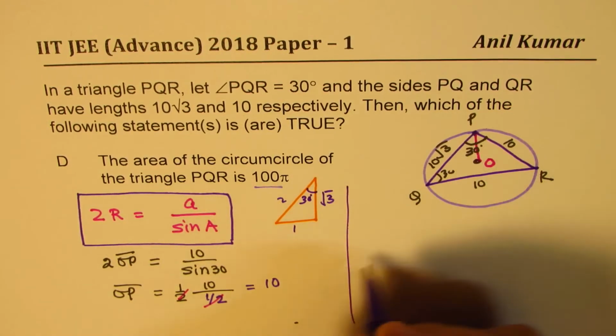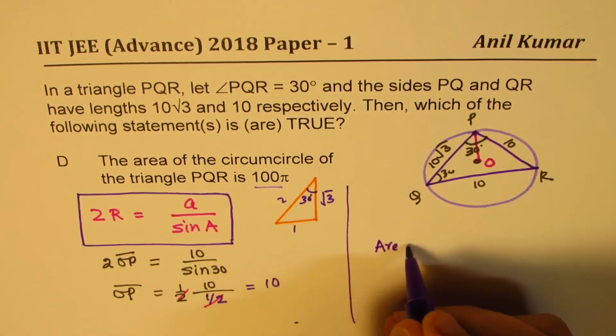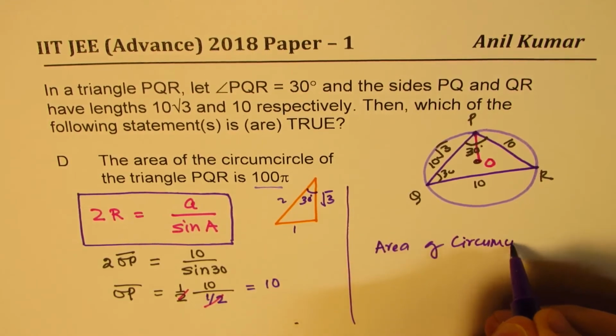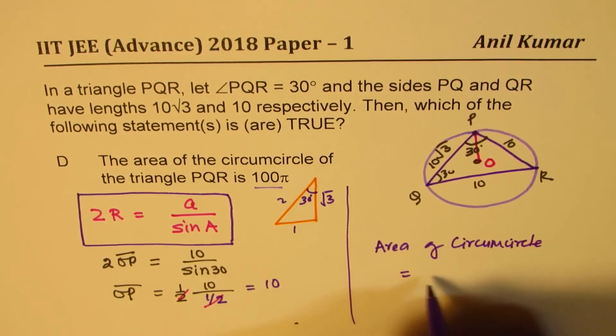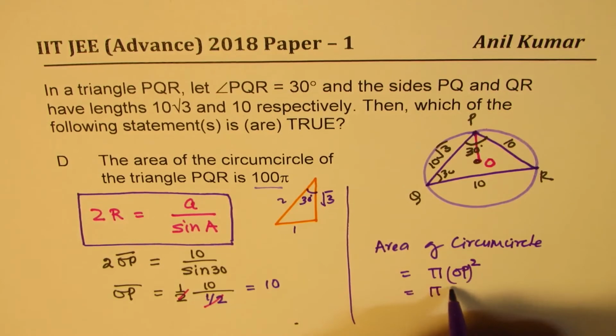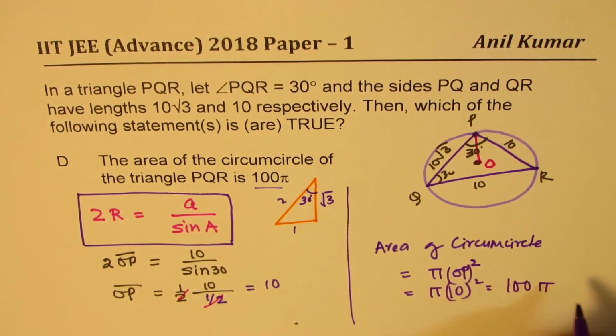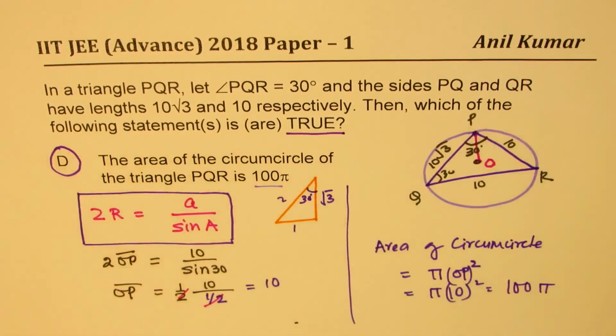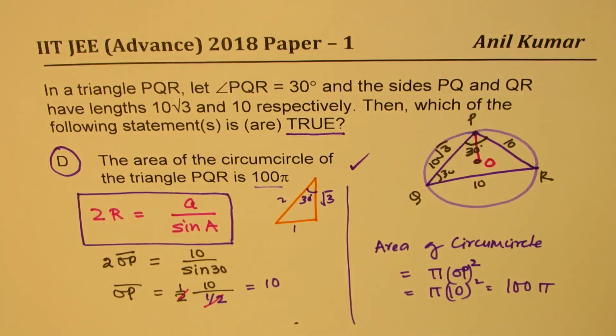Now if OP is 10, then the area of the circumcircle will be pi OP square, correct? Which is pi times 10 square, which is indeed 100 pi. Is it okay? So that answer is also correct. We have to circle the correct answers. So that is how we are going to solve this question.